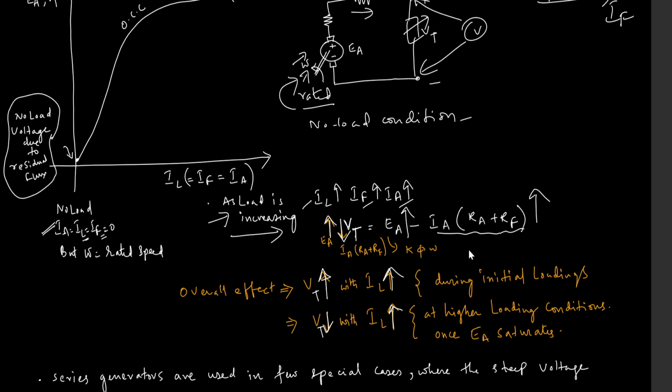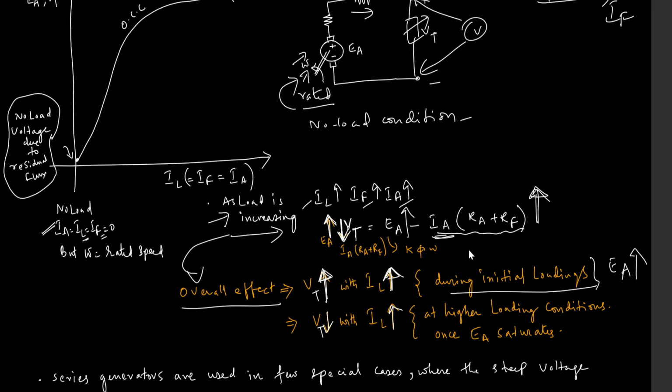But with the increasing load current, that is armature current, the armature drop will increase, which tries to cause the terminal voltage to decrease. So there are two effects with the increase in load on the machine. One tries to increase the terminal voltage with the increasing load current. This is during initial loading conditions due to the EA increase.